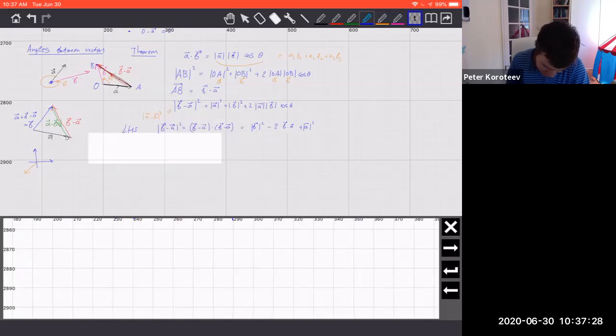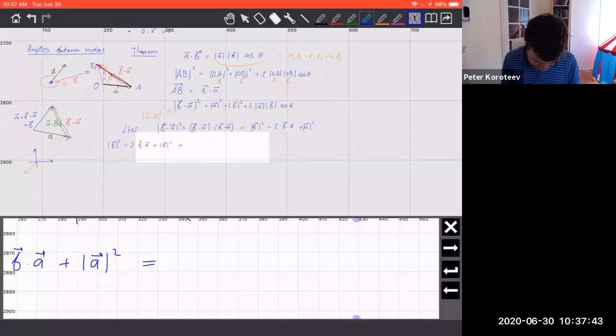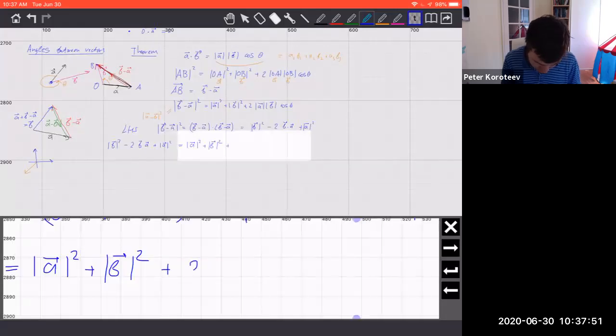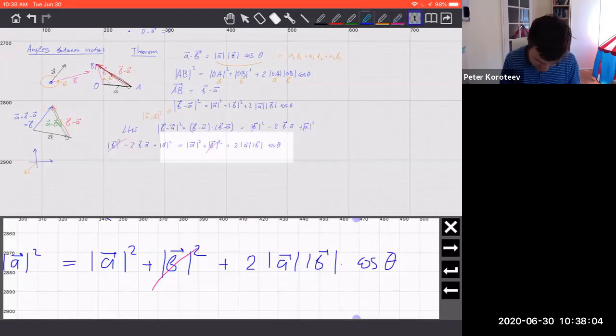On the left we have the absolute value of B squared minus 2 B dot A, which is the same as A dot B, plus the absolute value of A squared, and that's equal to the absolute value of A squared plus B squared plus 2AB cosine theta. Right, and then we can cancel a couple of things. There's B and A on the right, on the left.